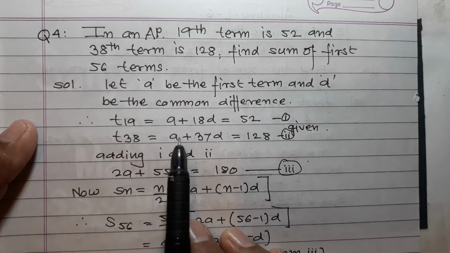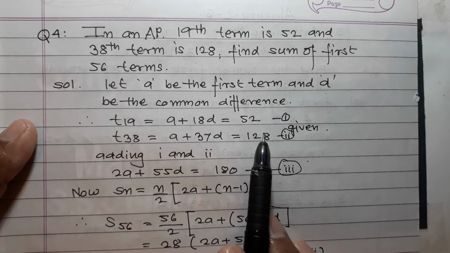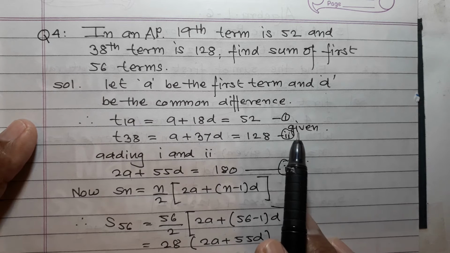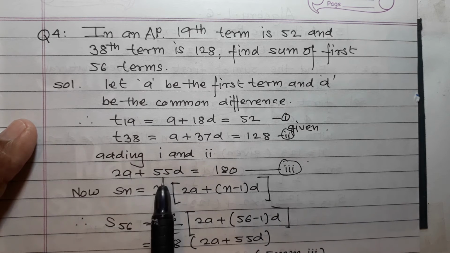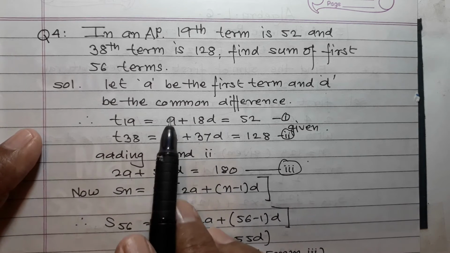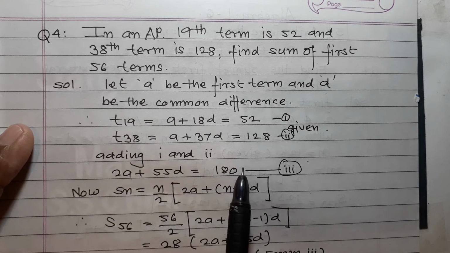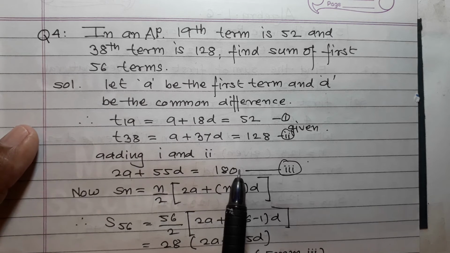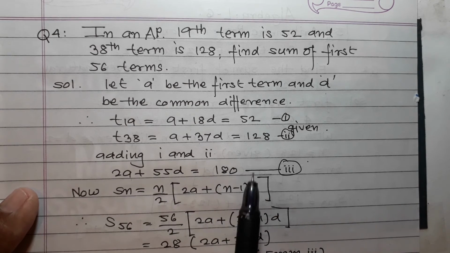T38 is equal to a plus 37d is equal to 128, equation number 2. Now adding 1 and 2, 2a plus 55d is equal to 180. Now use this relation to find Sn. Don't find a and d.